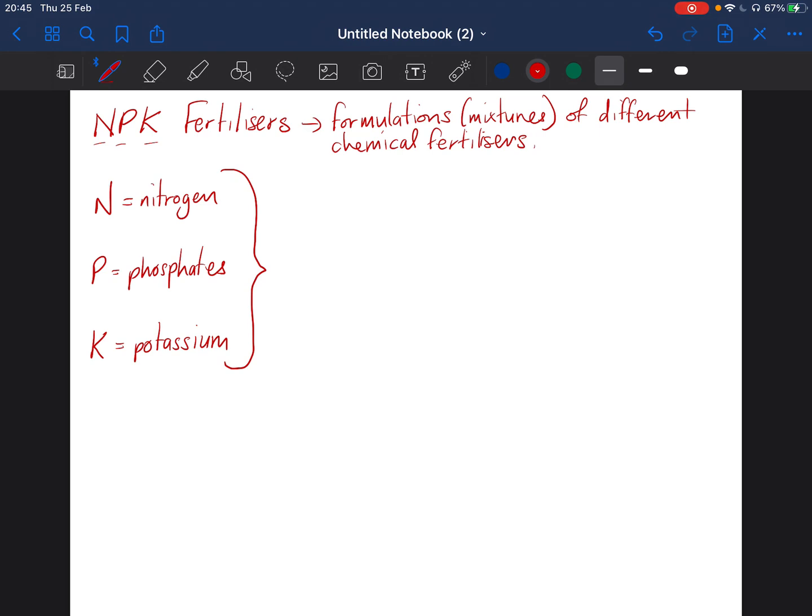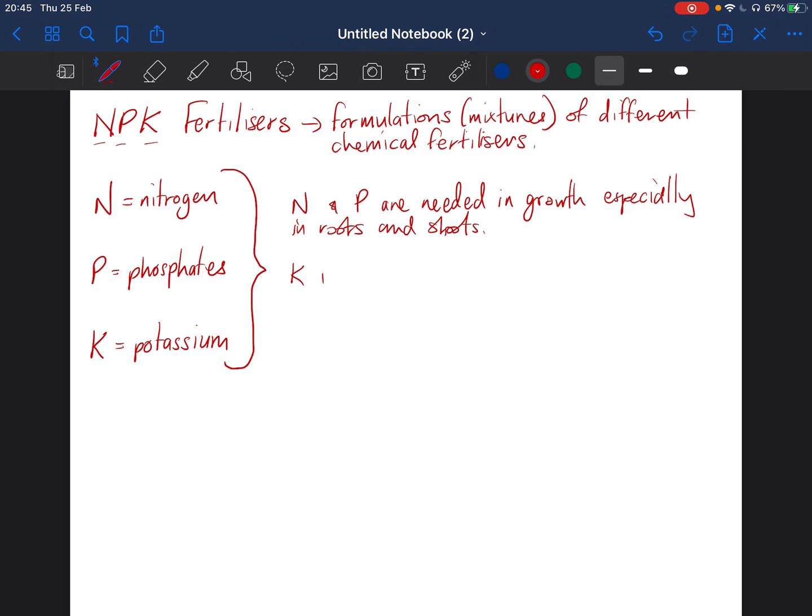So our N and our P are needed in growth, okay? Especially in terms of like root growth and things like that. And the shoots, okay, guys? Our K, our potassium, actually has two different jobs within a plant.